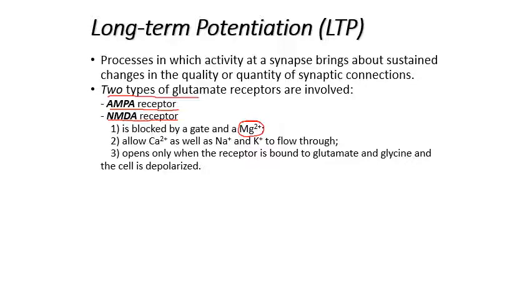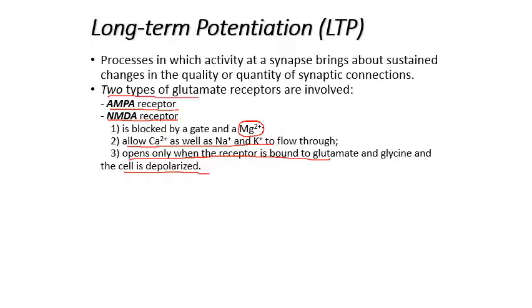When this channel is fully open, it allows calcium as well as some sodium and potassium to flow through. Okay, and we're going to see when open, the receptor is bound to glutamate, but it also has to be depolarized.